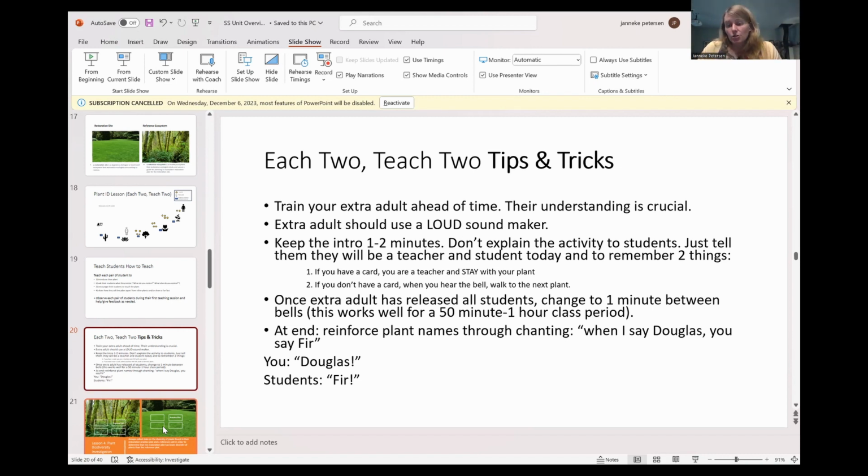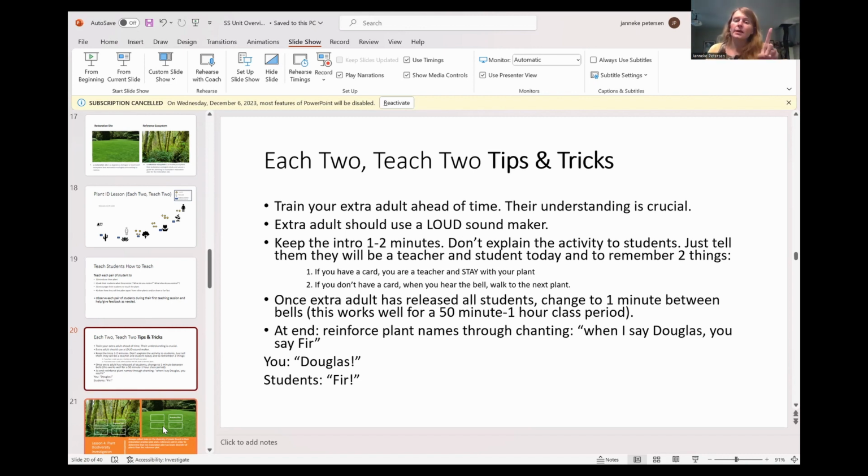You want to keep your intro with the students, at the very beginning when you have the whole group before you've started walking down the path, really brief. Like 1 to 2 minutes. Don't explain the activity to students. It's a waste of time because they probably won't get it anyway. Just tell them that during this activity, they get to be a teacher and a student in order to learn native plants, and ask them to remember 2 things.